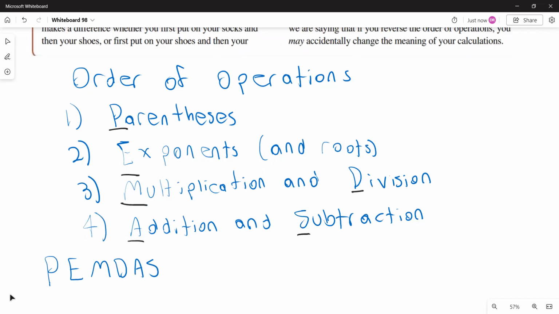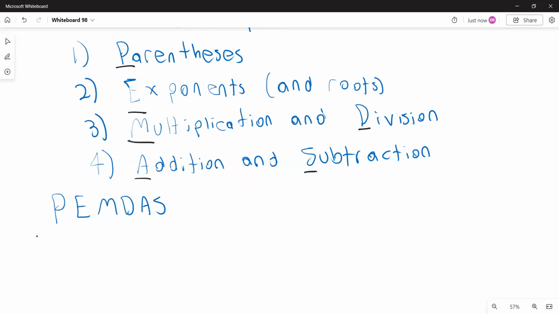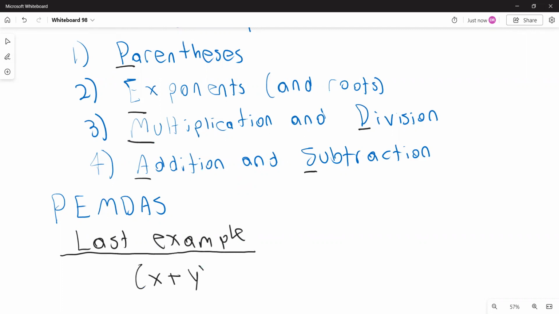Okay, so in the last example, we saw that (x + y) squared does not equal x squared plus y squared. You need to first simplify x plus y in the parentheses and then square the numbers or multiply that number by itself.